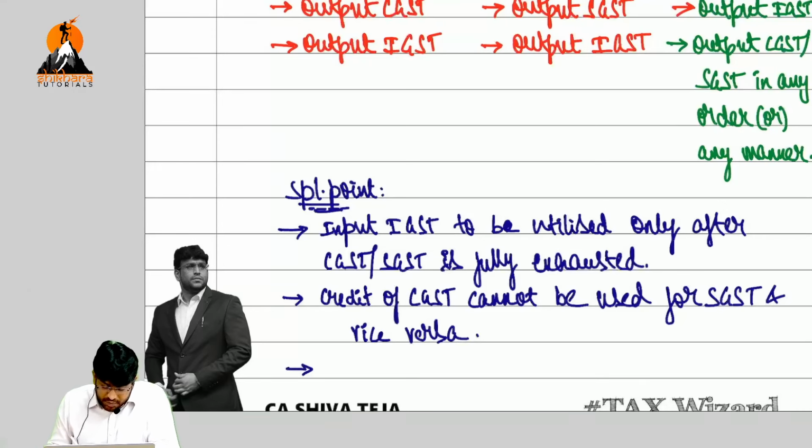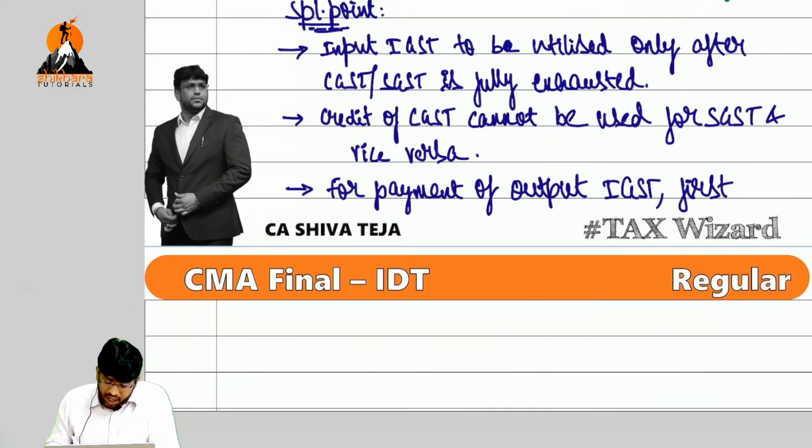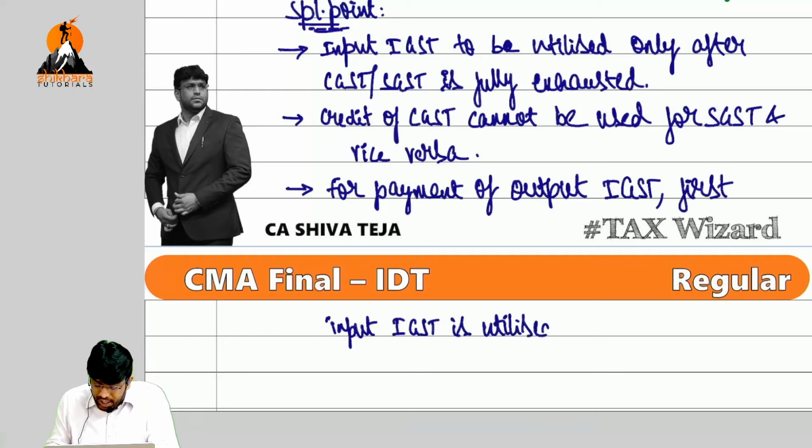Next, one last point. For payment of output IGST. For payment of what, sir? Output IGST. First, input IGST is utilized.